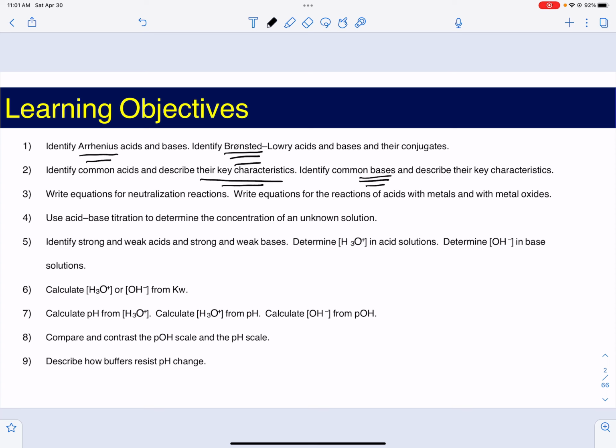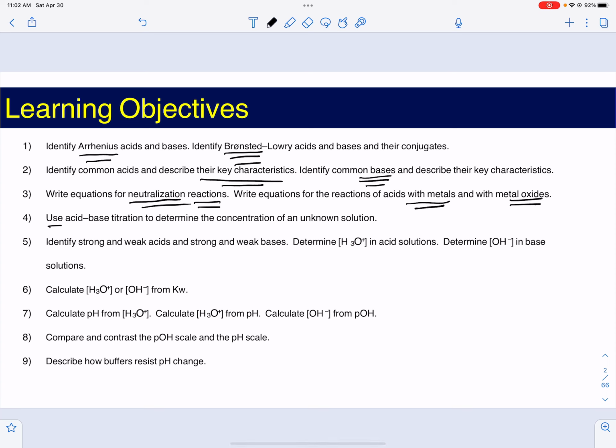We're also going to see that acids react with bases, and we call those neutralization reactions, where one cancels the other. Acids also react with metals and with oxides, and we're going to see how to write these chemical equations.